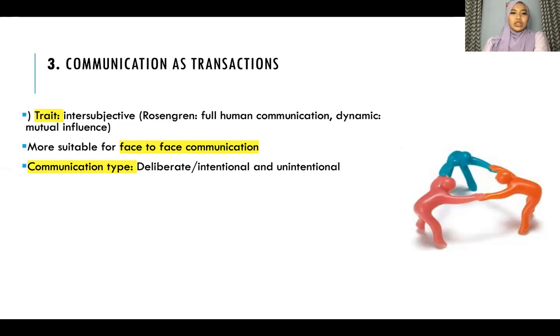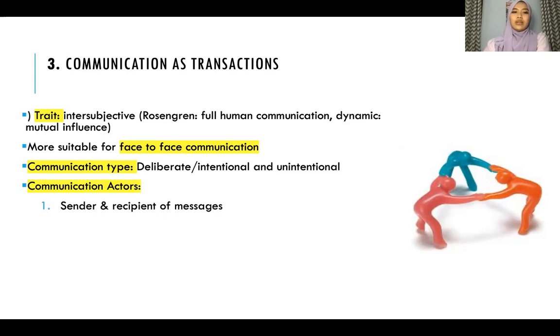The communication type here is intentional and unintentional. Intentional because the communication comes from awareness, and unintentional because it may also be an unspontaneous message. Okay, in this communication, each of the communication actors will be the sender and also the receiver.